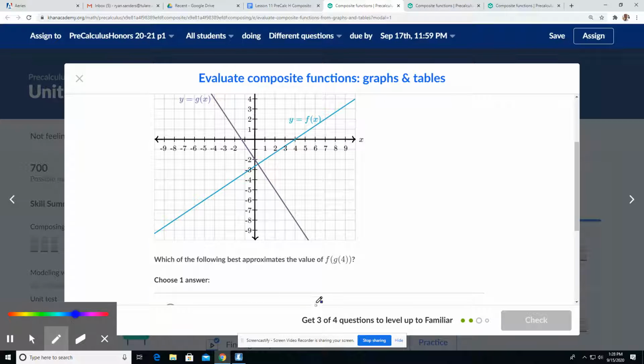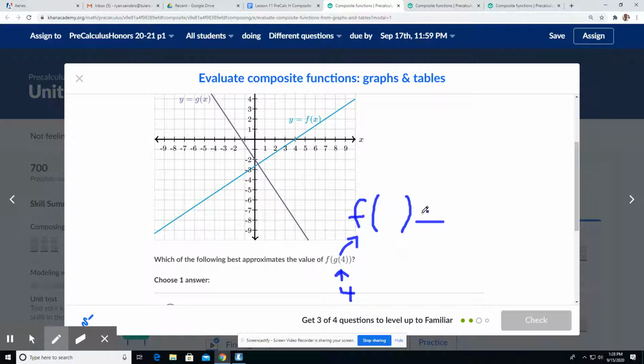All right, well, we want to start with the innermost. So we're going to calculate with an input of 4. We're plugging 4 in as an input to g, and we want to know what comes out as an output. Whatever comes out, we're going to plug into our f function and then look at its output.